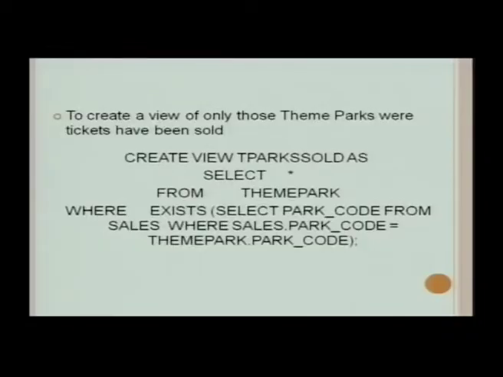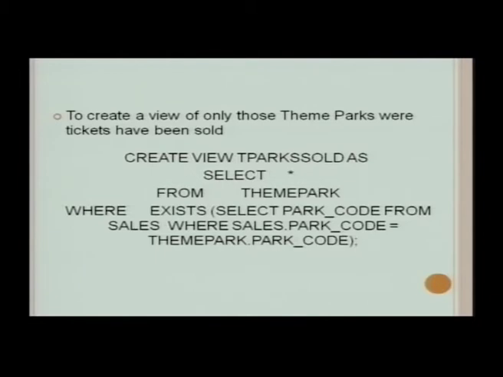Then, to create a view of only those theme parks where tickets have been sold, that particular view we have to give to the user. So, create view, the view name is T parks sold, then you have to place the query.